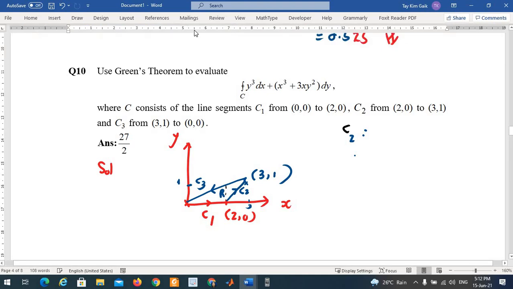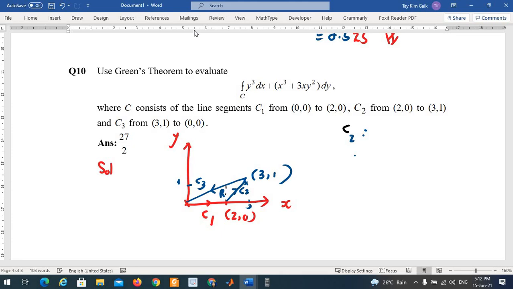Because let's say the left region, bottom is at the x-axis, top is on the curve C3. After the point when x is 2, the bottom curve is C2, top curve is C3. So if you use dy dx, you have to divide the region into two regions.